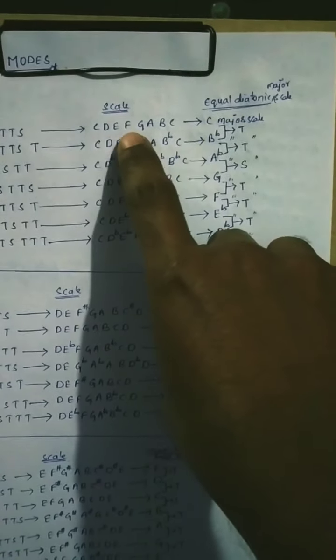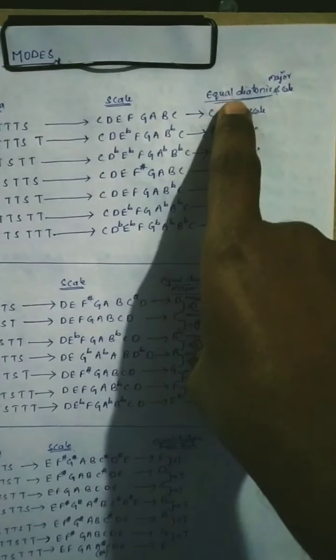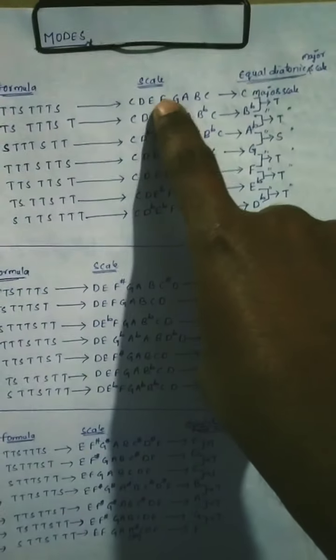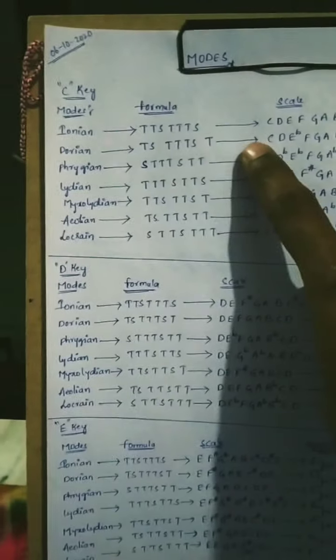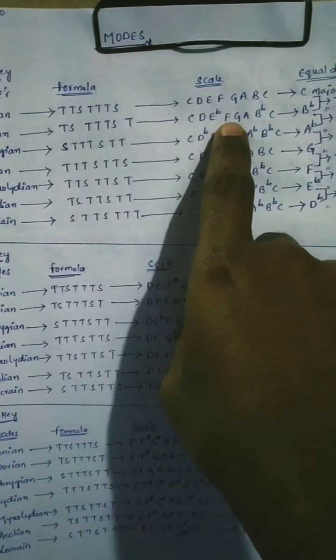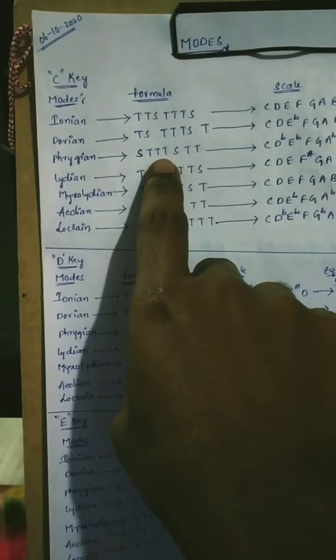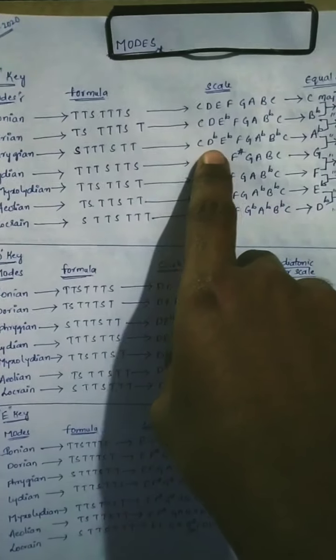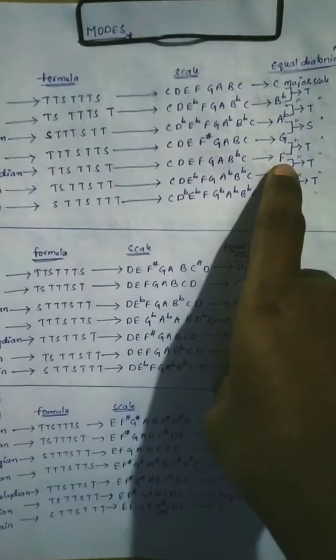This is the C major scale, and the notes of Dorian C mode are equal to B flat major scale, and the notes of Phrygian C are equal to A flat major scale, and the notes of Lydian scale are equal to G major scale, and the notes of Mixolydian are equal to F major scale.